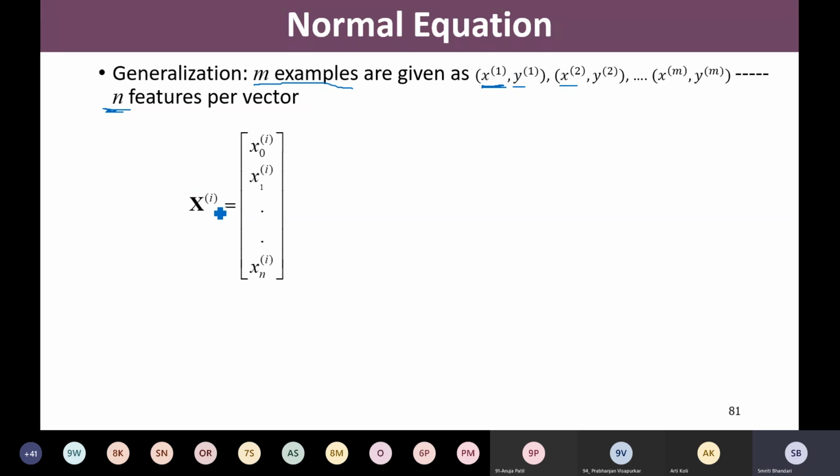So the ith feature vector is described like x0i, x1i up to xni. How many features do we have? N features. So in this xi, how many elements will I have? N plus 1 elements. Are you getting me? Yes, ma'am.